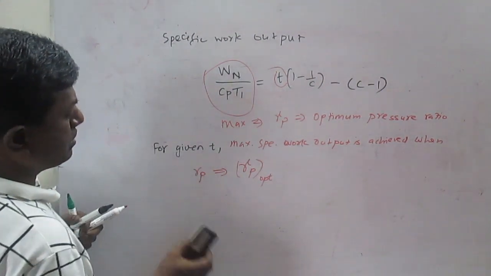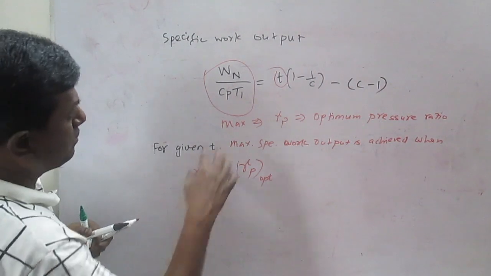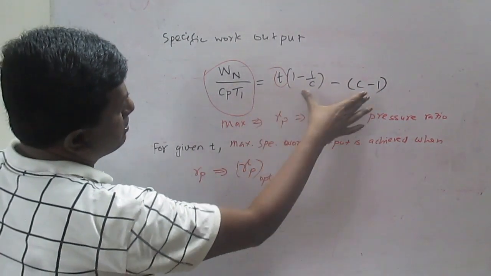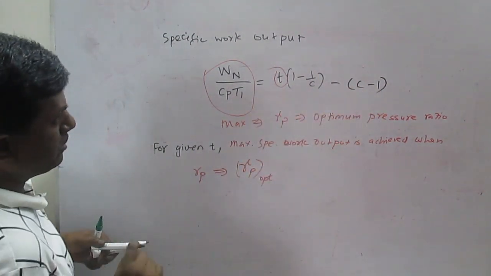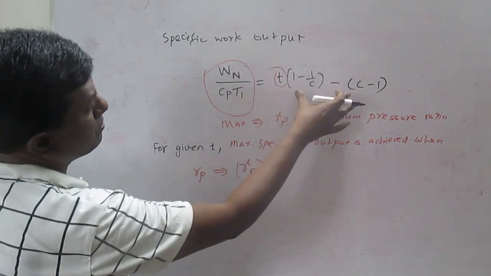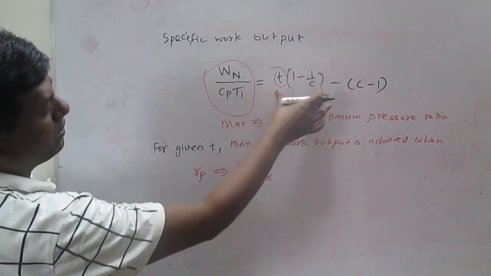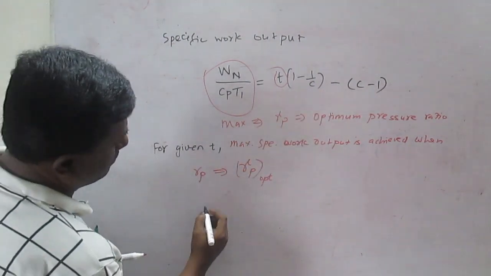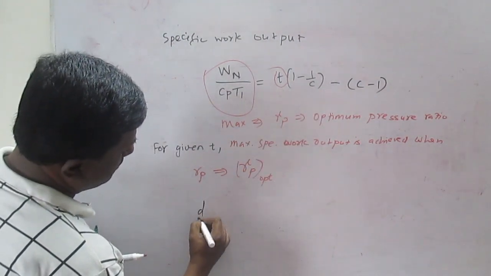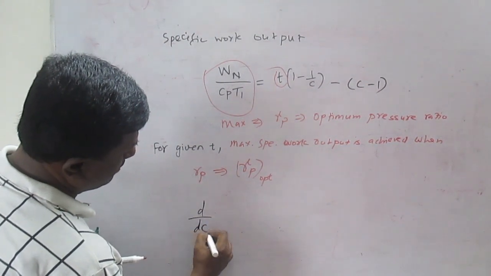The optimum pressure ratio can be found by differentiating this term with respect to C, that is d by dC.